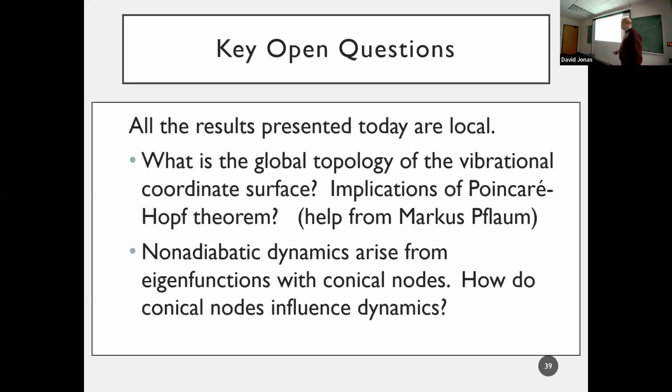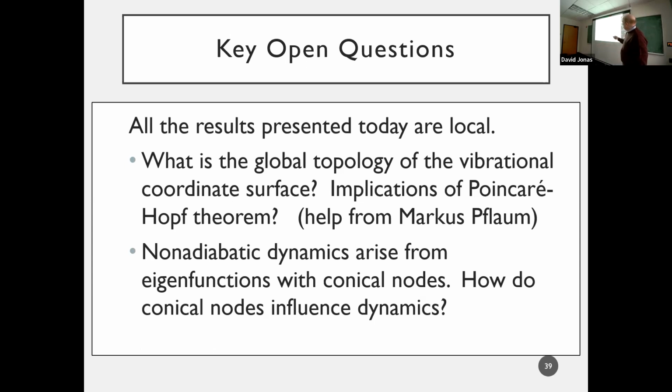There are a couple of key open questions that I'd like to highlight. All of the results that I presented today are local. I didn't do any kind of global analysis to say what the index of these eigenfunctions should be.